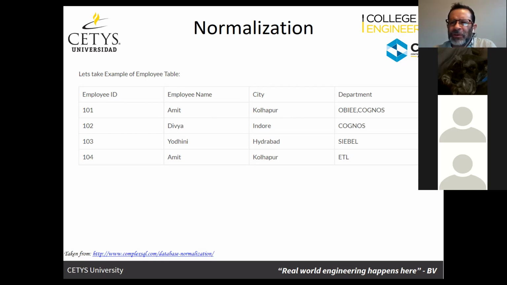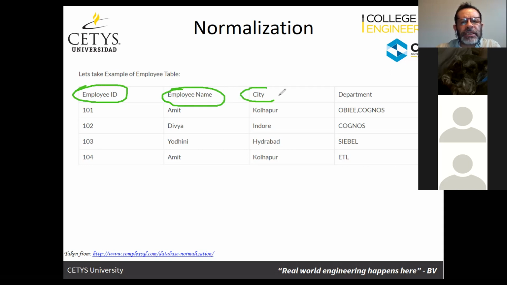Remember, we had talked about primary keys. Let's look at the attributes or the fields that this table has. There's employee ID, then the employee name, then the city where I imagine the employee lives, and then the department that the employee is a part of.